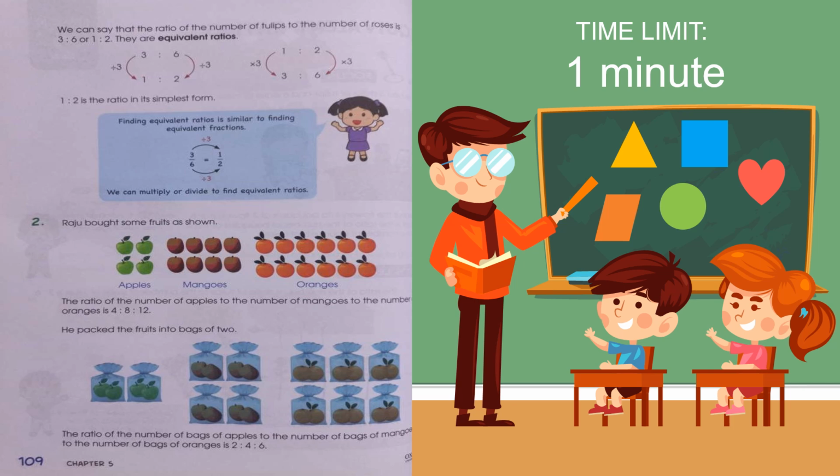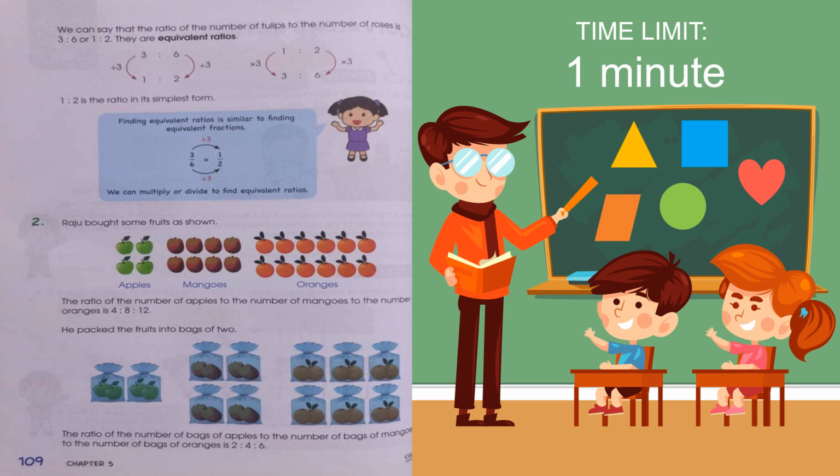Now moving forward to the next example, we have Raju, who bought some fruits as shown in the picture. The ratio of the number of apples to the number of mangoes to the number of oranges is 4:8:12. Now Raju packed the fruits into bags of 2.